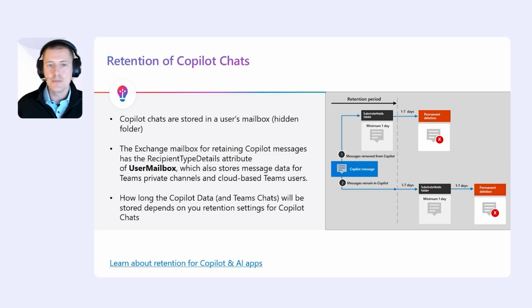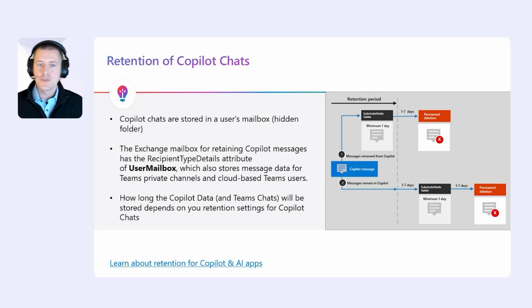After the retention period ends, based on what you define in your retention policy, that Exchange job will kick off within these 1 to 7 days and then permanently delete that message. After that message is in a permanently deleted state, e-discovery tools won't be able to discover or surface that message anymore.